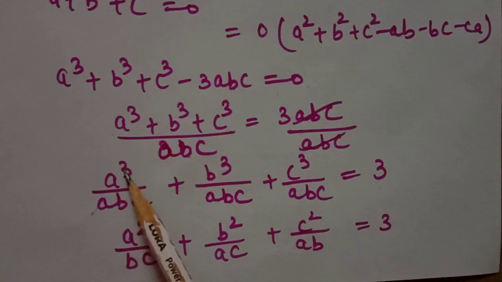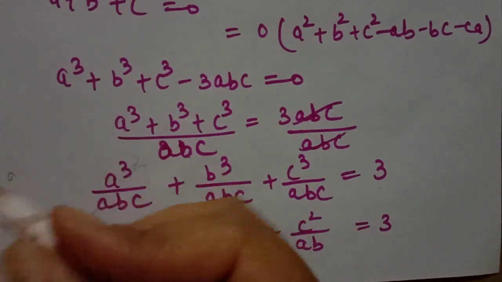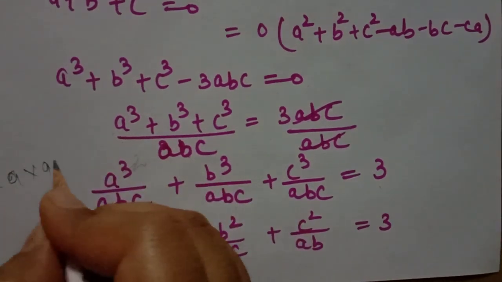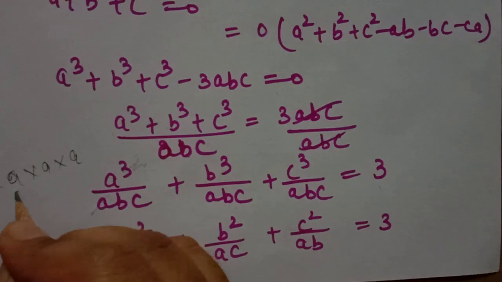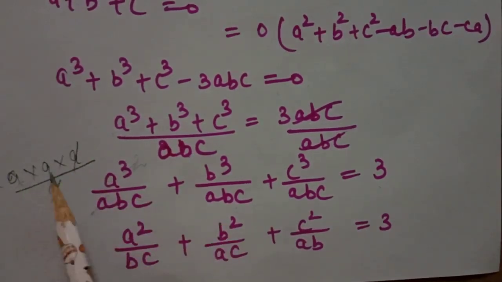The a is cancelled and the a square is remaining. So a square upon bc, b square upon ac, and c square upon ab is equal to 3. This is your question number 23.